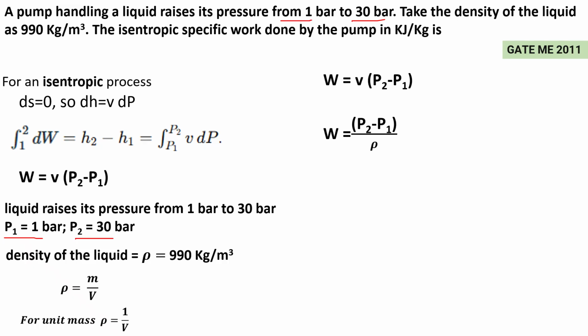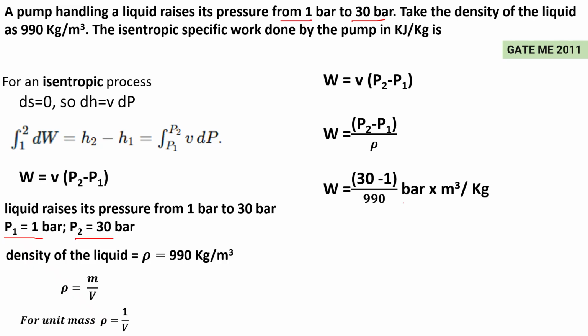So work done W equal to P2 minus P1 divided by rho. Here P2 is 30, P1 is 1, rho is 990. Then substitute all these values in the work done equation. Then W equal to 30 minus 1 divided by 990.